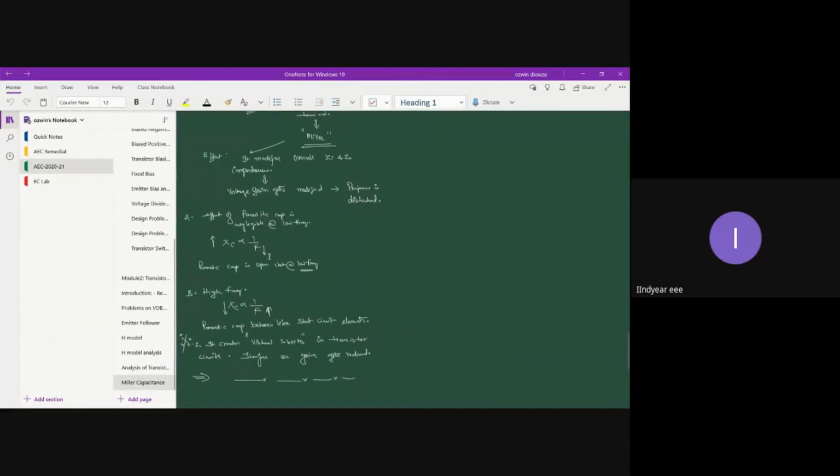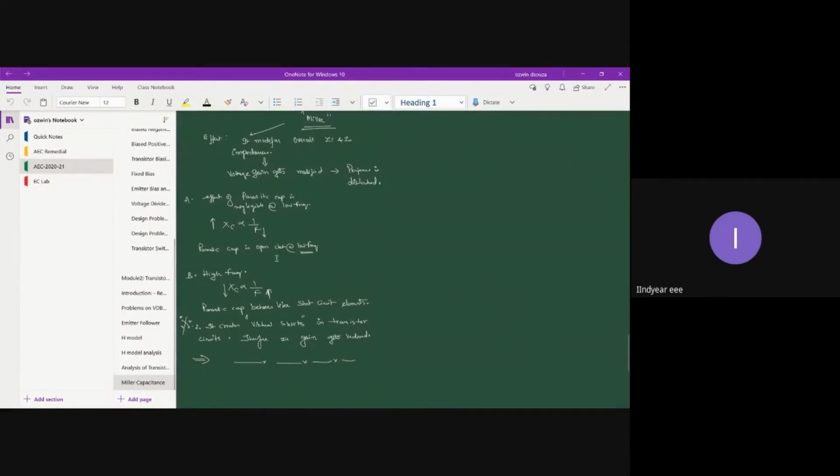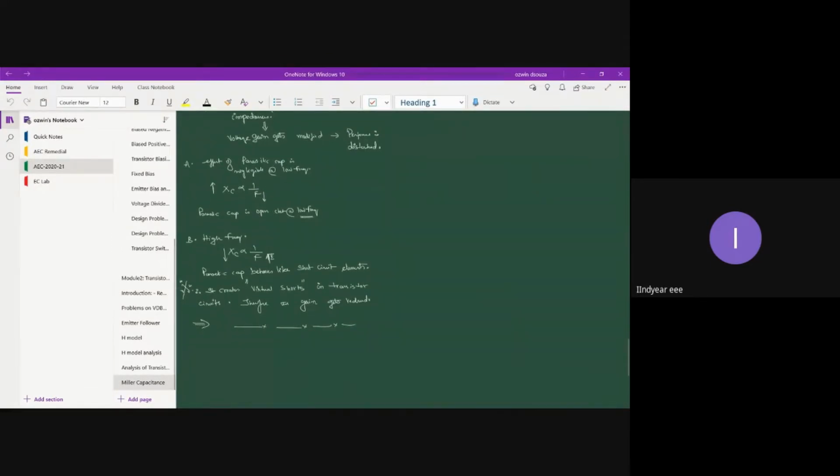At low frequency, the frequency is smaller, hence reactance will be a lot larger. Hence, the parasitic capacitors can be treated as open circuit elements. Whereas in the high frequency region, in the sense frequency which normally varies in the range of megahertz, when the frequency is high, the reactance offered by these parasitic capacitances will be a lot lower.